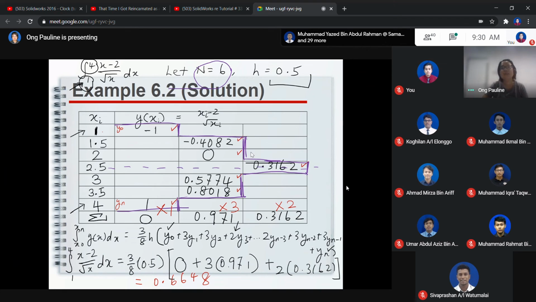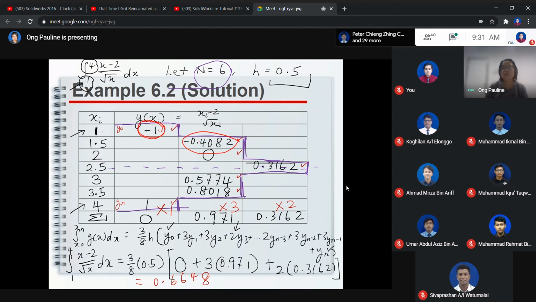Right? Okay. So what is this actually? Minus 0.4082. Okay, so this is actually the value of y at point x 1.5 and so on.